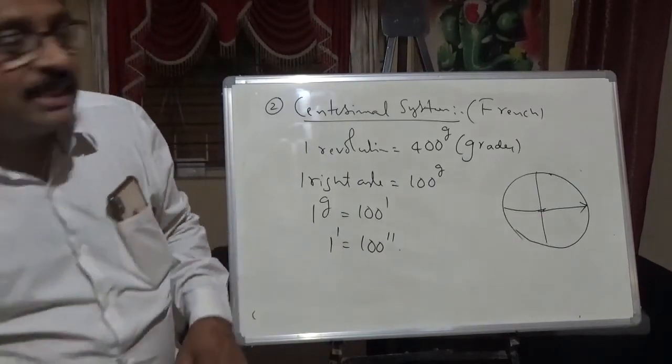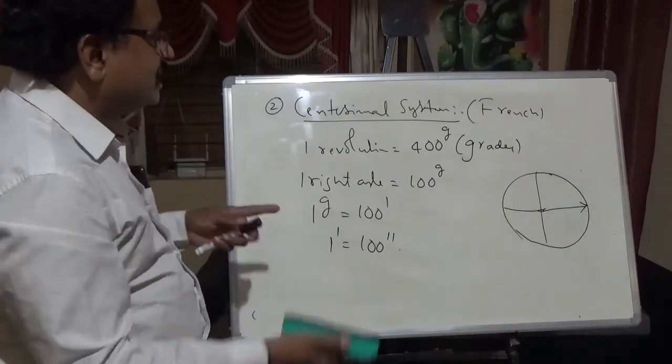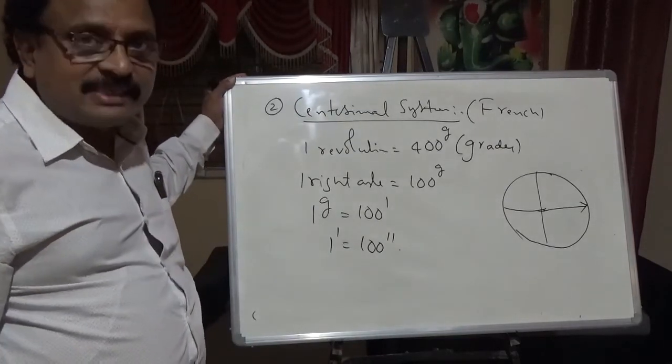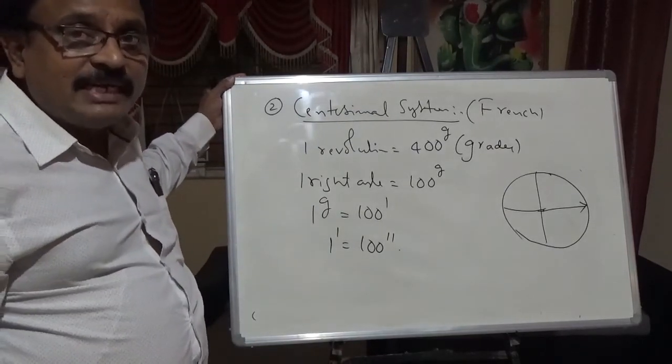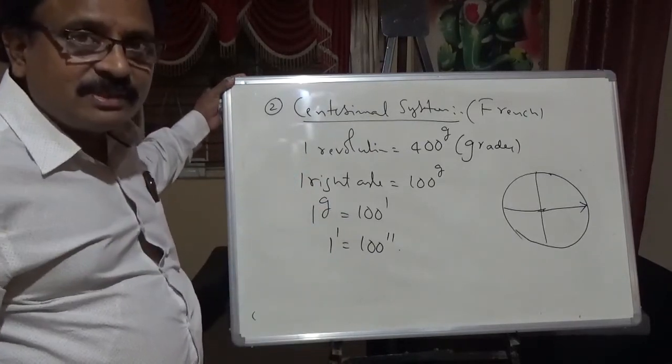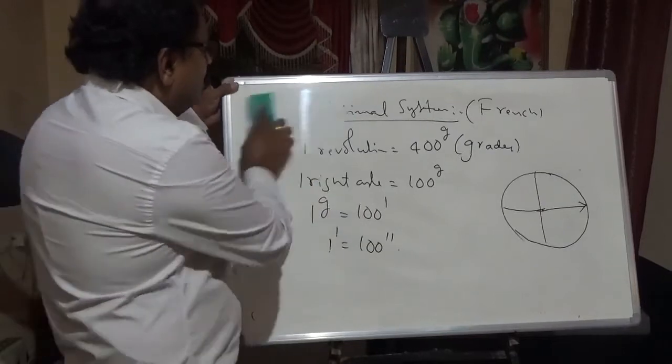Next we need to understand the next system, the circular system or radian system. For entrance point of view, sometimes we'll use all these systems, so we should be very careful.